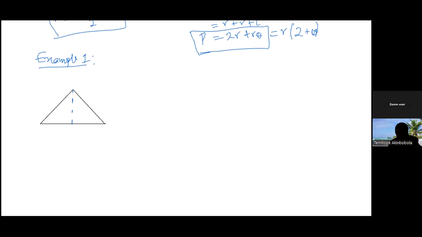Then you have this: A, B, C, D, E. Then this is 8 centimeters.